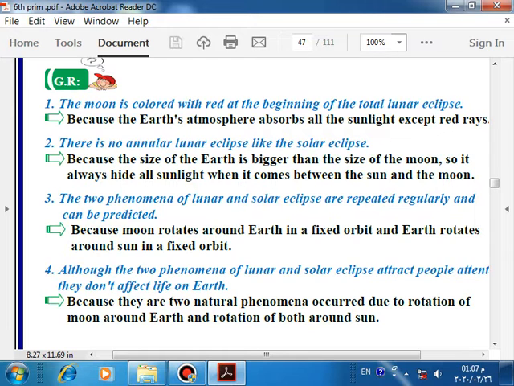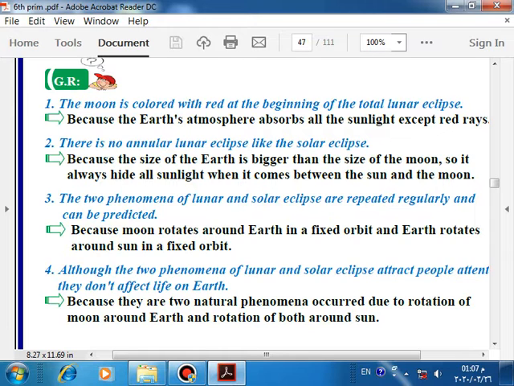The two phenomena of lunar and solar eclipse, the scientists can predict each time, and they are repeated regularly because the moon rotates around the Earth in a fixed, smaller oval orbit, while the Earth rotates around the sun in a fixed orbit.